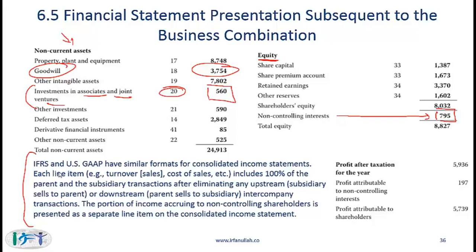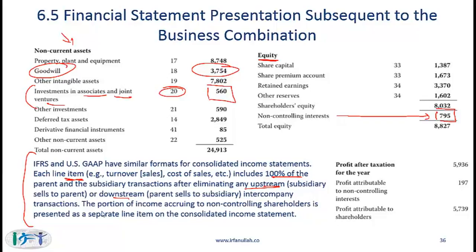Here is another general point that I'll just read out. IFRS and US GAAP have similar formats for consolidated income statements. Each line item includes 100% of the parent and subsidiary transaction after eliminating any upstream or downstream intercompany transactions.